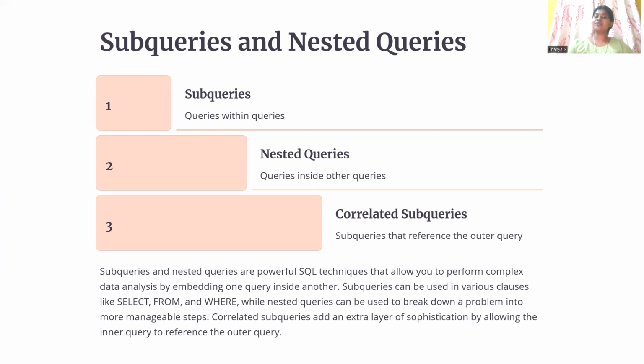Subqueries can be used in various clauses like select, from, and where. Nested queries can be used to break down a problem into more manageable steps. The correlated subqueries add an extra layer of sophistication by allowing the inner query to reference the outer query. So these are about subqueries and nested queries.